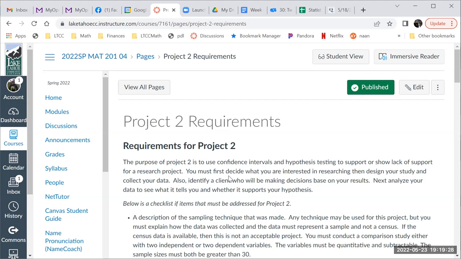Okay. Your sample sizes must both be more than 30. And hopefully you understand now, unlike project 1, where you didn't understand why I told you it had to be over 30, why over 30 is important: normal distribution. Otherwise you pretty much have somewhat useless data.